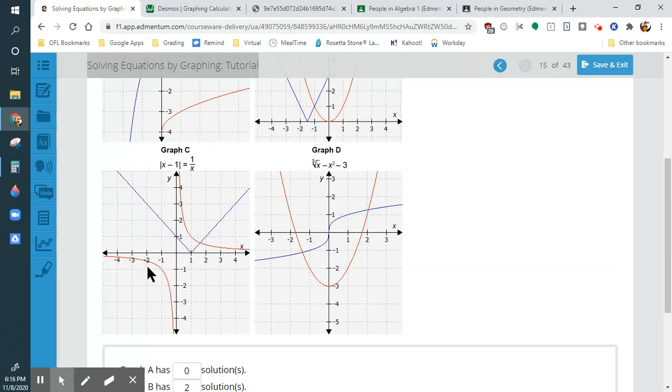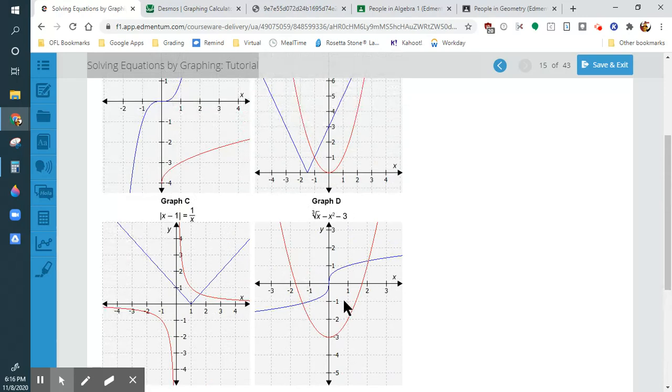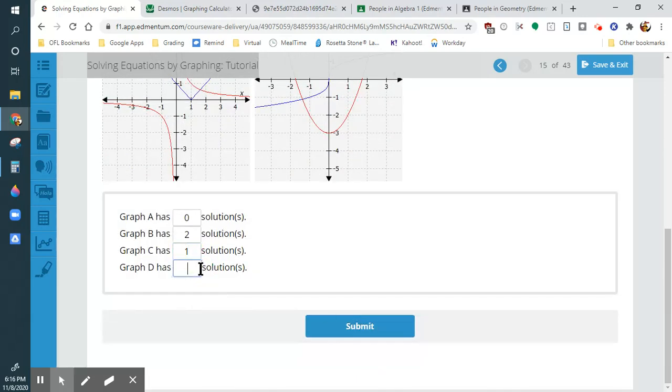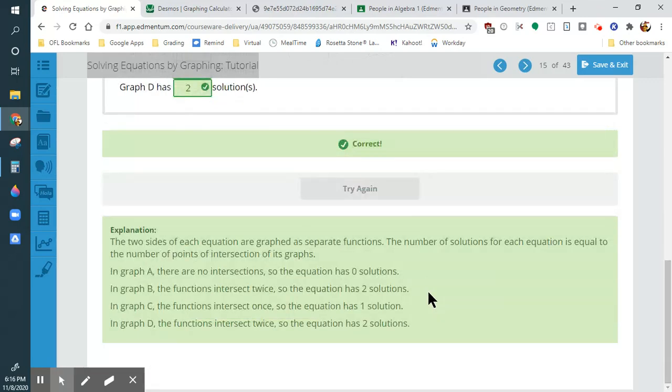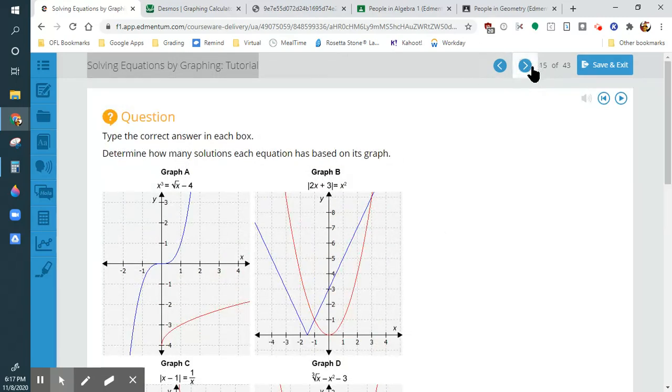C, this one looks like it's not ever going to touch that one. It looks like we only have one solution for C. And this one we have two solutions. They touch each other twice and they're not going to touch each other again, it looks like. There we go. And that's literally just how many times they touch each other. That's how many solutions it has.